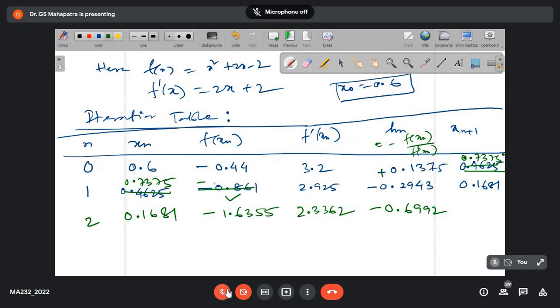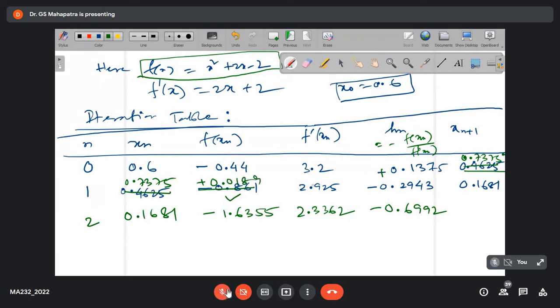What is the answer? At 0.7375, what is f of xn? This is f of xn, and next one is f dash xn. Plus or minus? Okay, plus 0.0189. Fine.